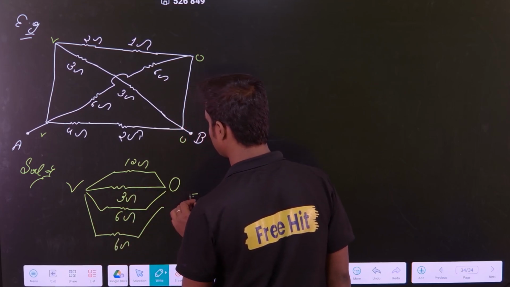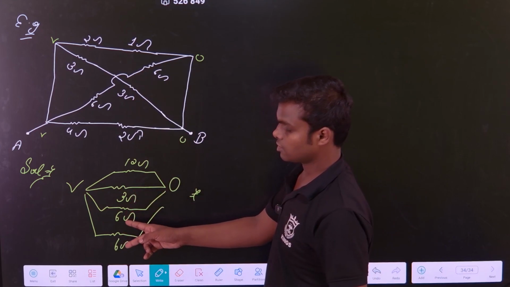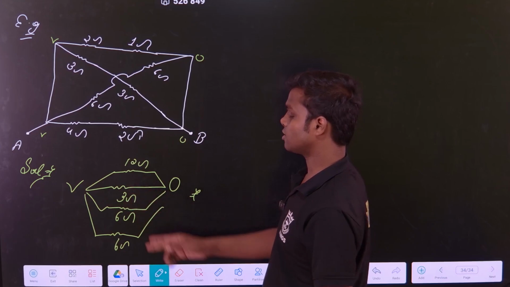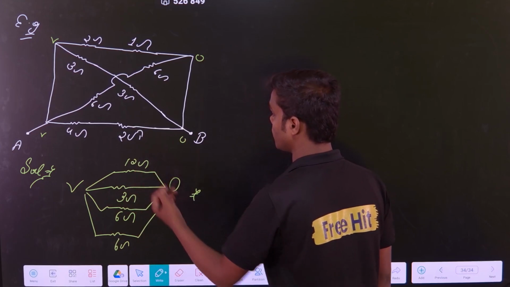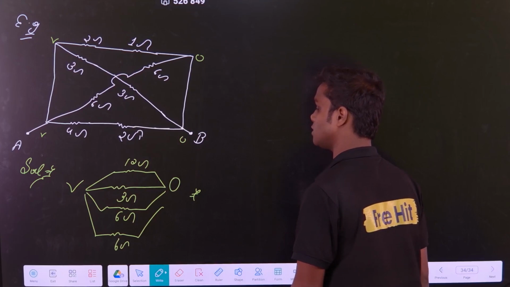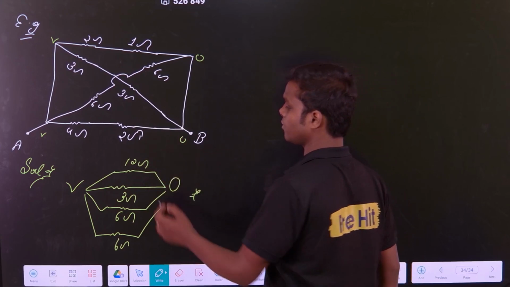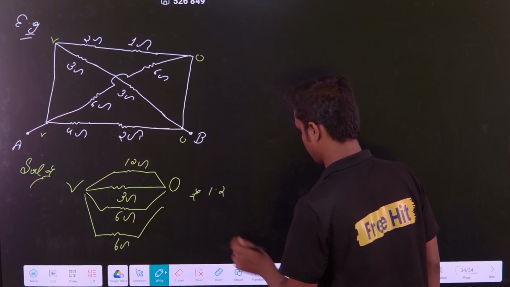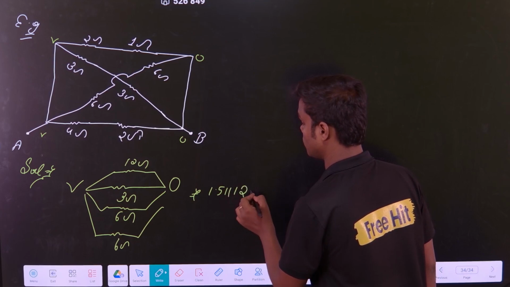So you see they are all in parallel only. So what will you get? 6 parallel 6 is 3 ohm, 3 parallel 3 is 1.5. So 1.5 parallel with 12 ohm.